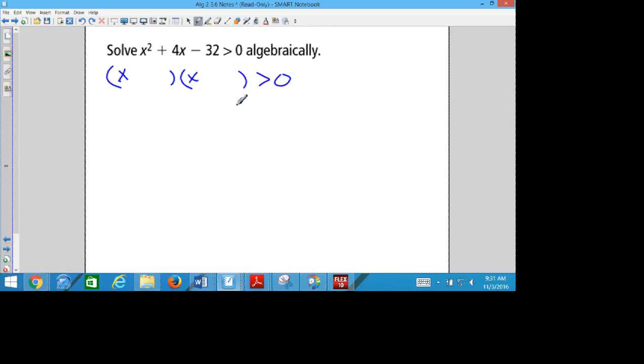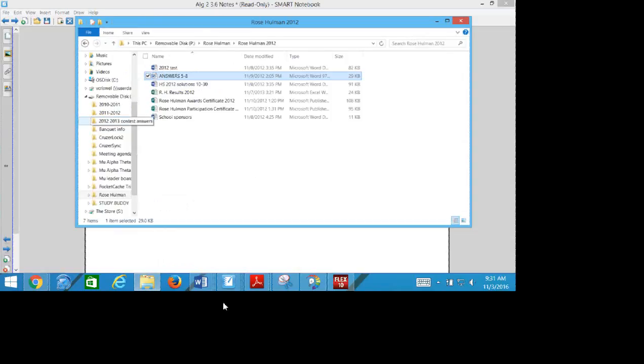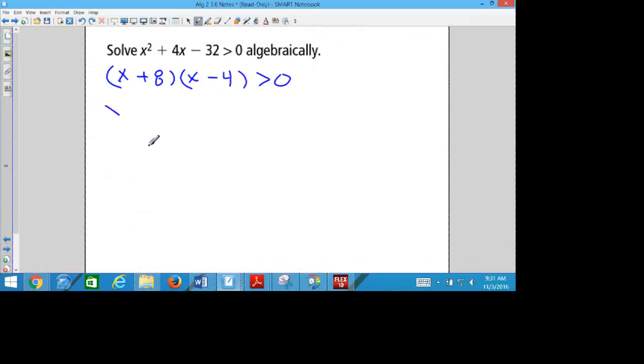What multiplies to make minus 32 but adds to give us 4? Positive 8 and minus 4. So we get our two solutions at negative 8 and positive 4 when we solve them.